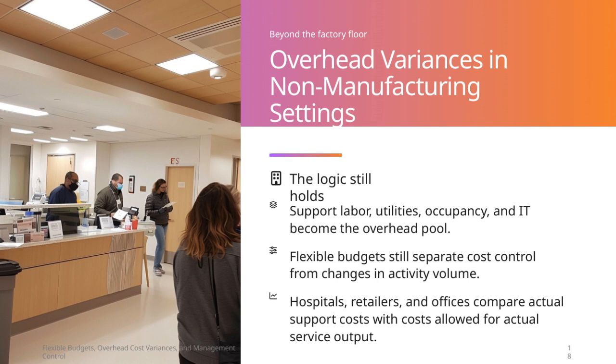By using flexible budgets and carefully examining overhead cost variances, managers can maintain better control over indirect costs, ensuring resources are used efficiently regardless of the service environment. This approach integrates well with effective management control systems across various industries, not just manufacturing.